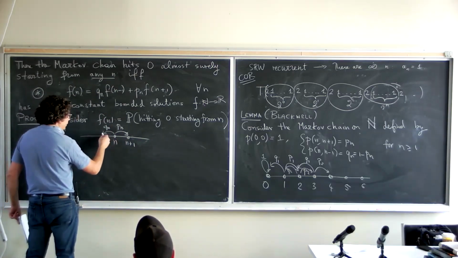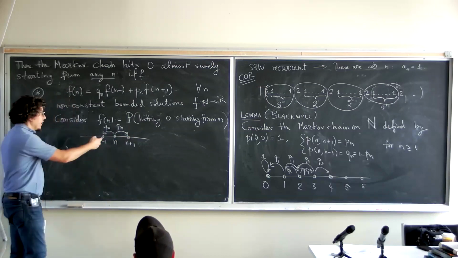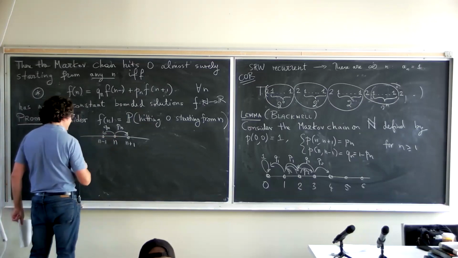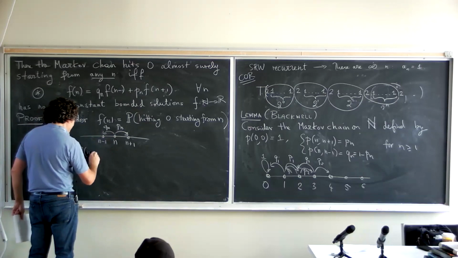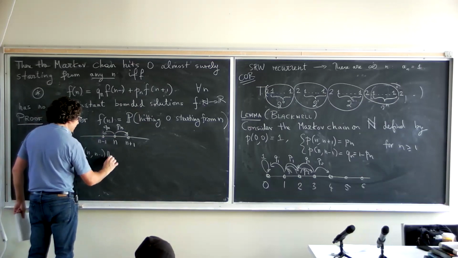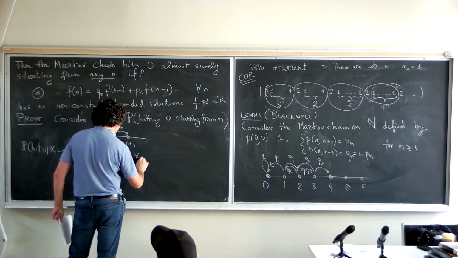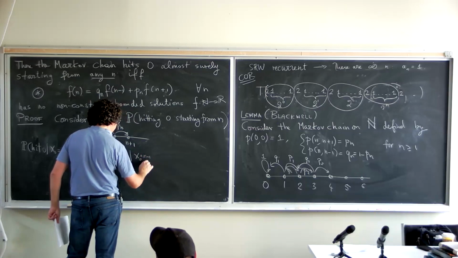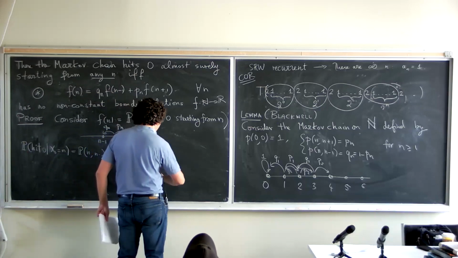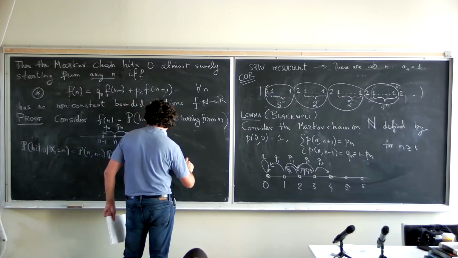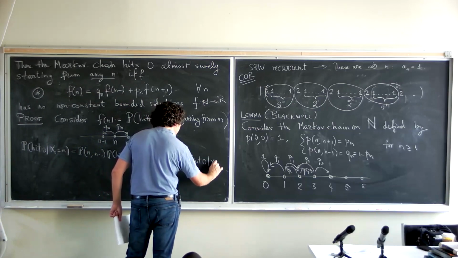You can either go left or go right, so the probability is the probability of going from n to n minus 1 times the probability of hitting 0 starting from n minus 1, plus the probability of going from n to n plus 1 times the probability of hitting 0 starting from n plus 1.